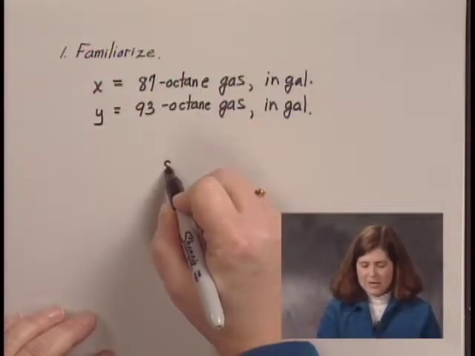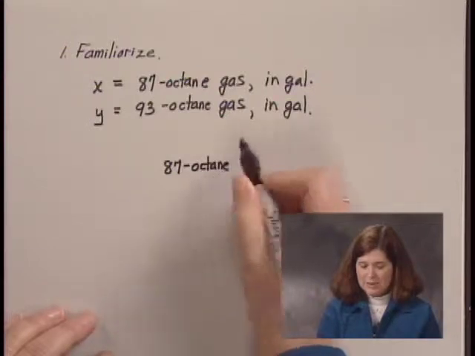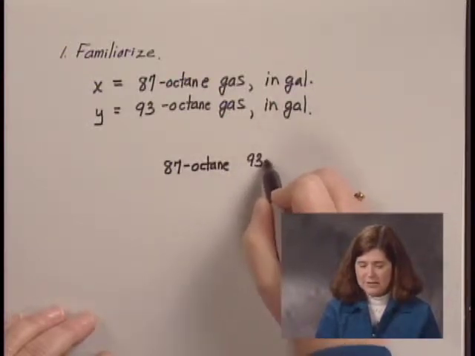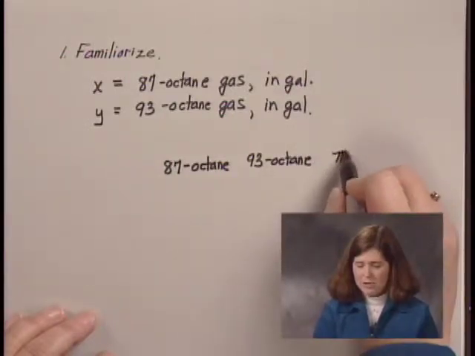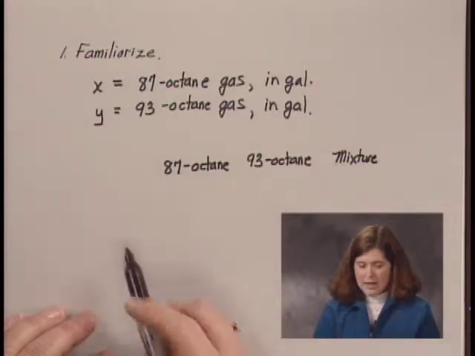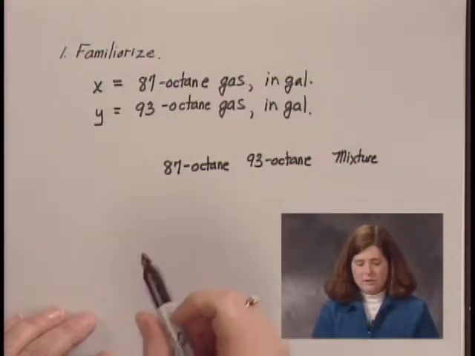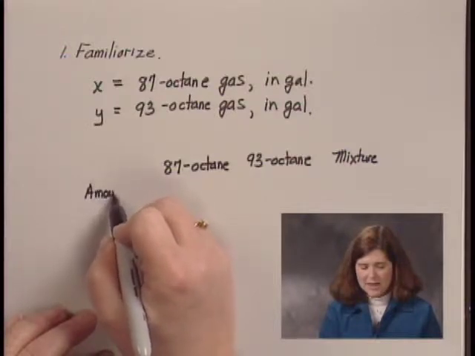We're dealing with 87 octane gas, 93 octane gas, and the mixture. And in each row, in the first row, we'll look at the total amount, or the amount in gallons of the gasoline.